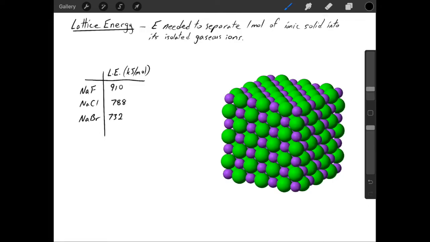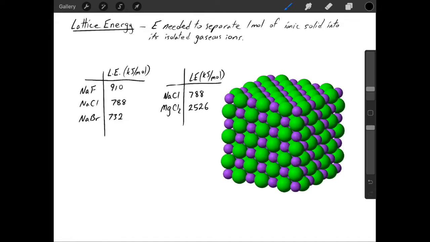And we can show you another set of examples. In this case, we have chloride as the anion in both cases, but the cation changes from sodium ion to magnesium ion. And there's a very large change in lattice energy.